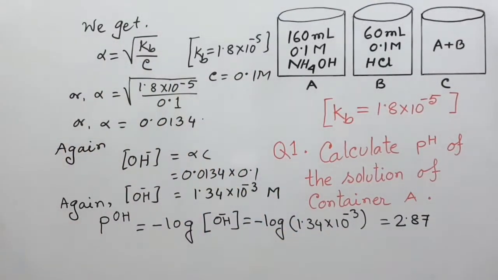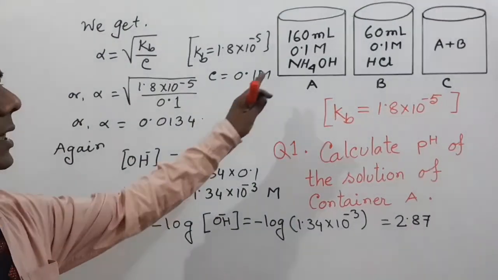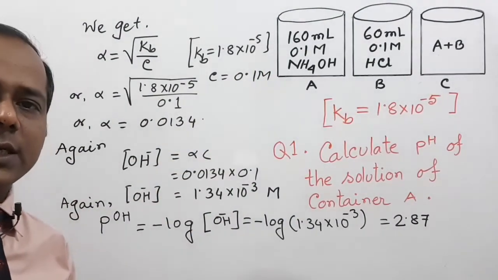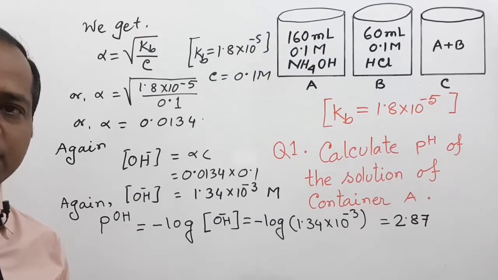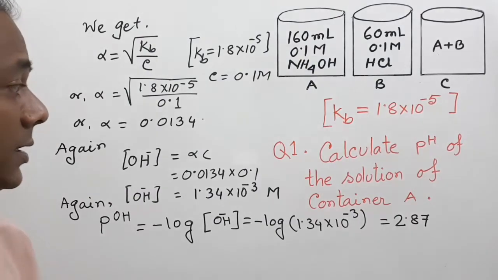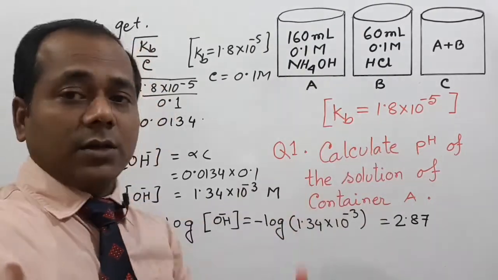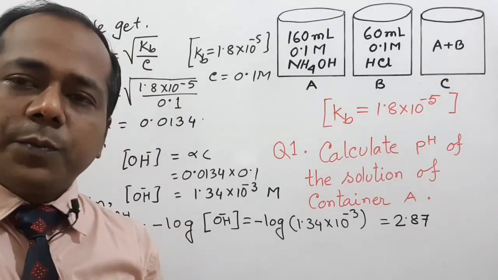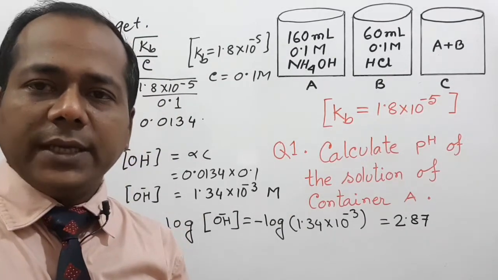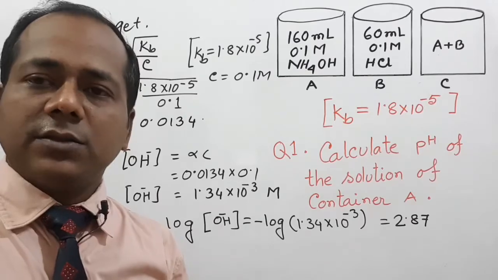So the pOH value of this ammonium hydroxide solution is 2.87, but we have to calculate the pH of this solution. So we use the formula pH plus pOH equals 14.